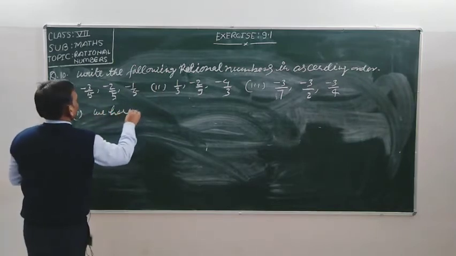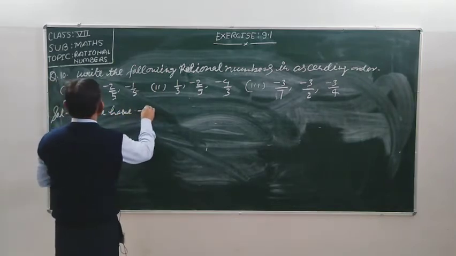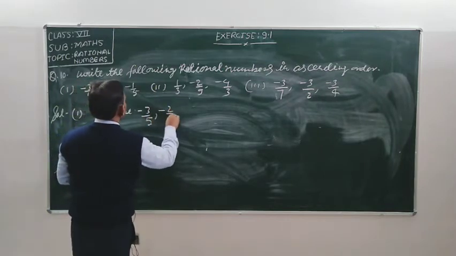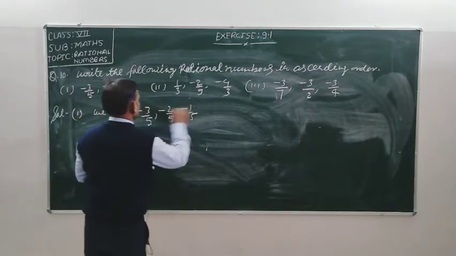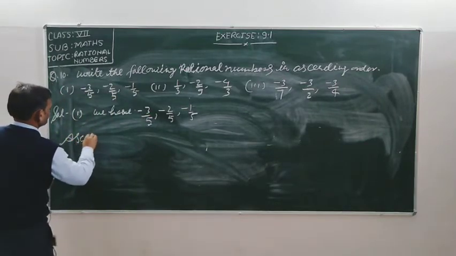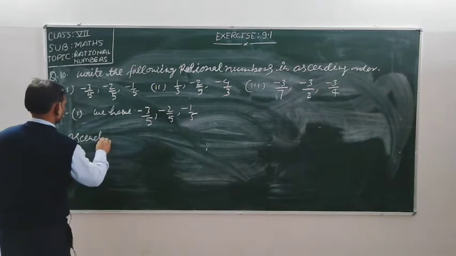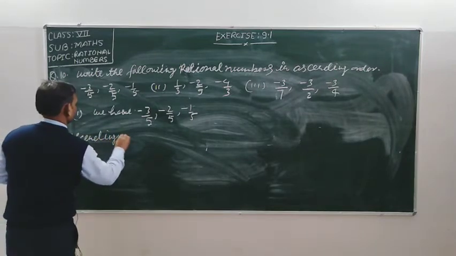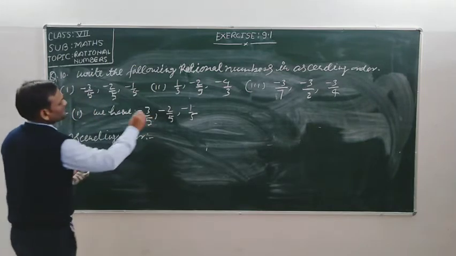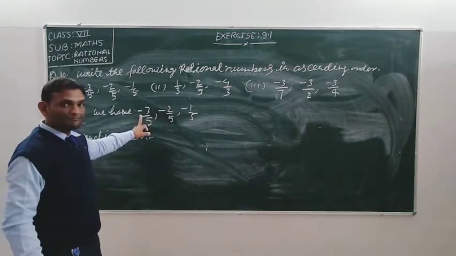We have minus 3 upon 5, minus 2 upon 5, minus 1 upon 5. So, student, what will be the ascending order of these?